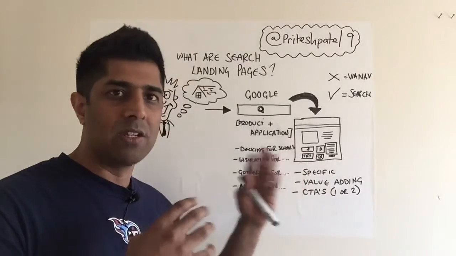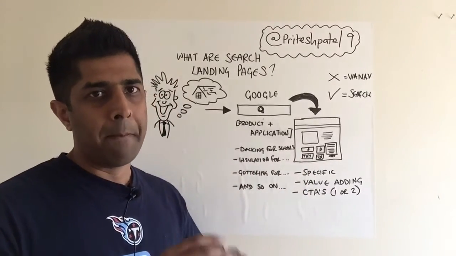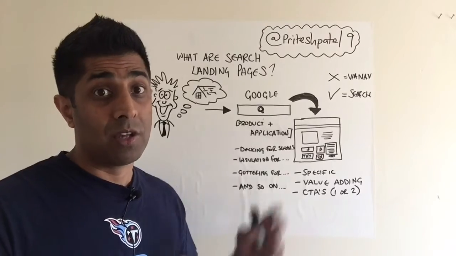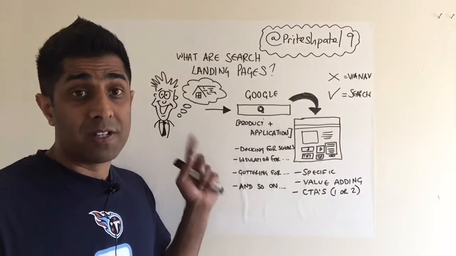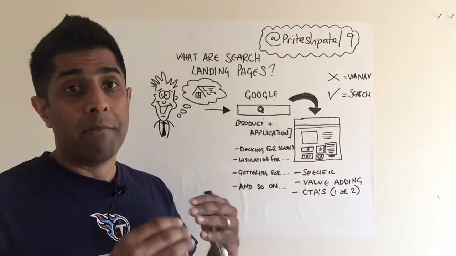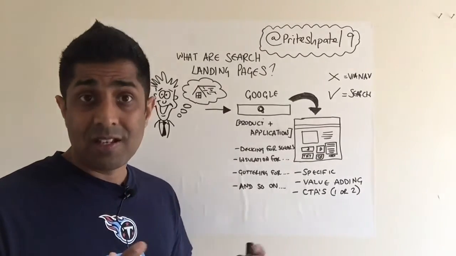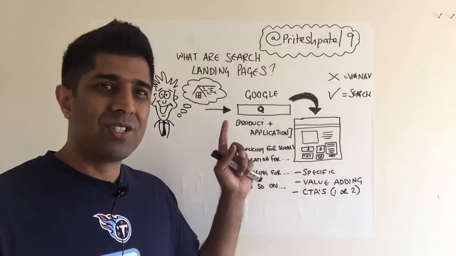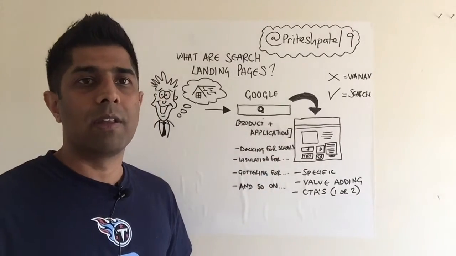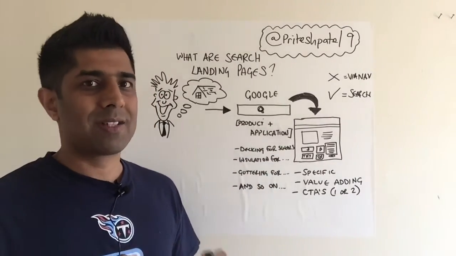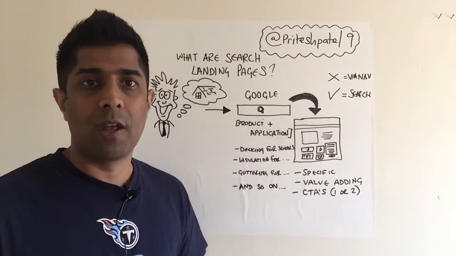You're making changes, you're making amendments, and each page is relevant to that query. Hopefully over time you will see ranks getting better for these pages. Maybe the traffic is a lot better as well, but generally it's the quality of the inquiry that we're bothered about here, not necessarily traffic.